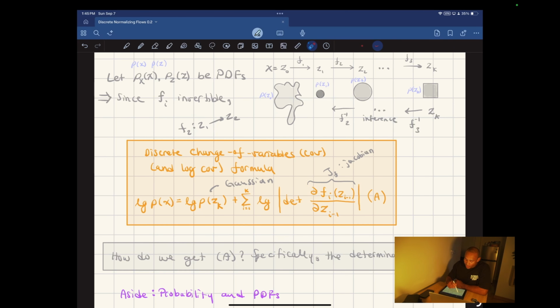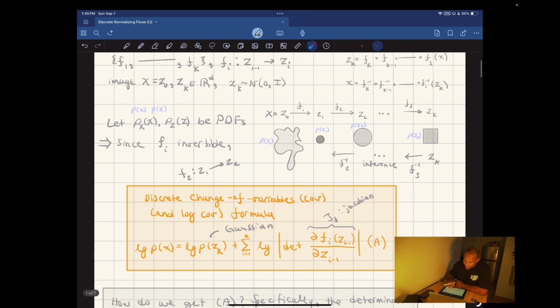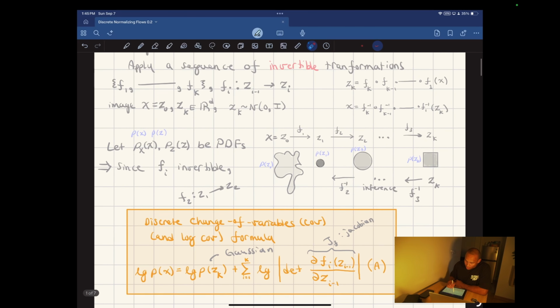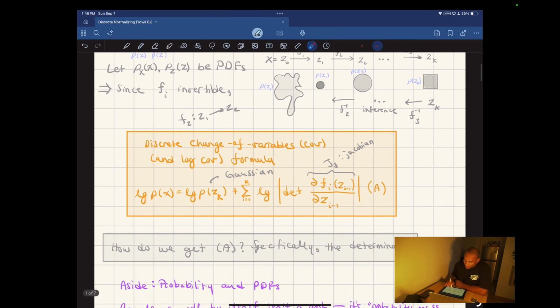It's the partial derivative of f2 with respect to the variable z1. But remember, these are maps from a vector space to another vector space. So this is a matrix that contains the pairwise partial derivatives of all the components of the output paired with all the components, all permutations, of the input.